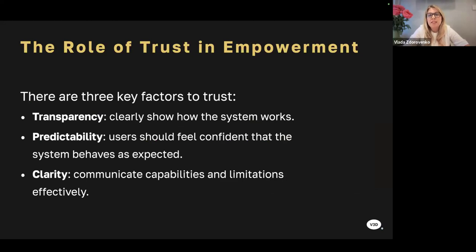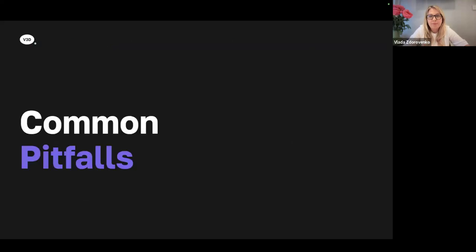The system behaves as expected, and they understand the limitations. They understand what their decision is based on, and that helps to have a better user experience. And as a final touch, common pitfalls.